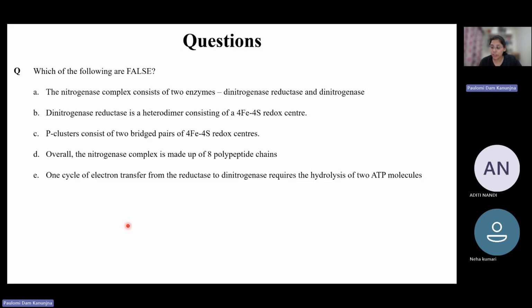Yeah, this is from the nitrogenase complex. So this is about the two components of nitrogenase, the dinitrogenase and dinitrogenase reductase. Let me read it and let me know which one's correct and which one's not correct.